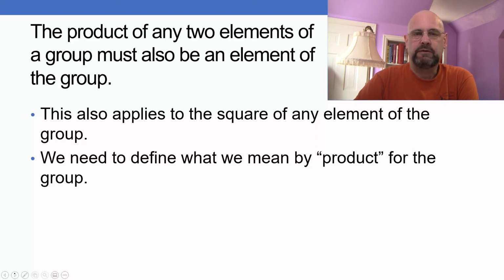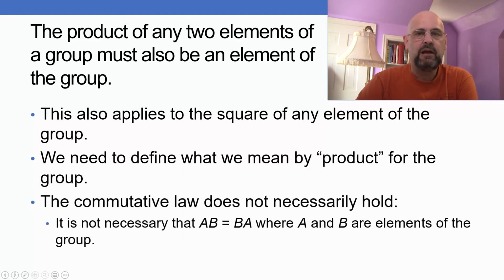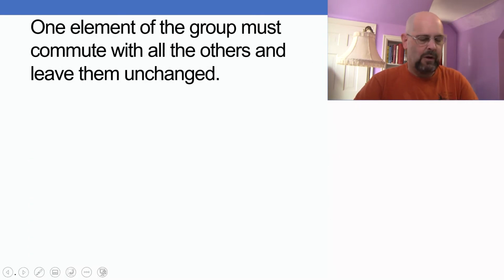Our group could be vectors, and the product might be cross product, or they could be matrices, and then matrix multiplication is my operation. As I mentioned previously, commutation does not necessarily hold. It is not necessary that AB is equal to BA, and we've seen that with other operators.